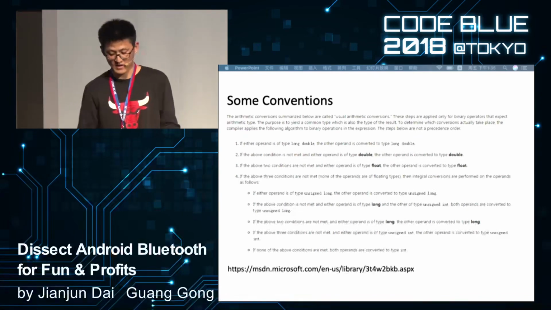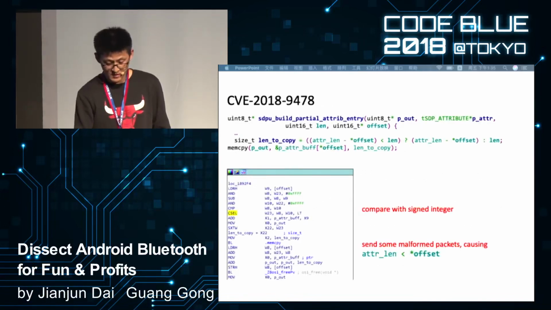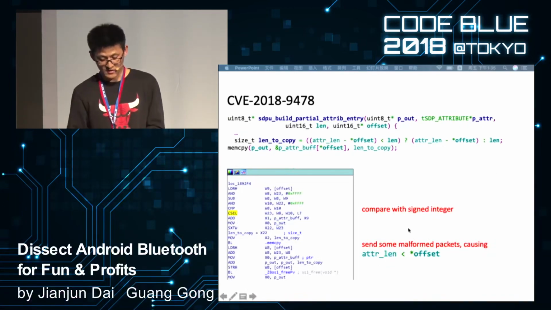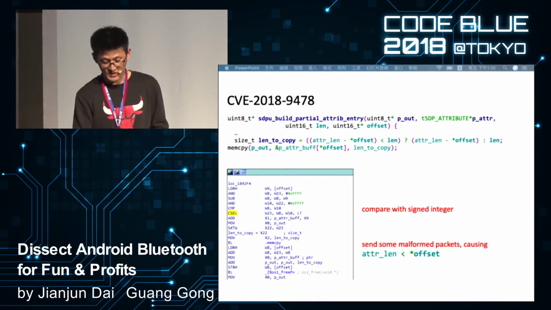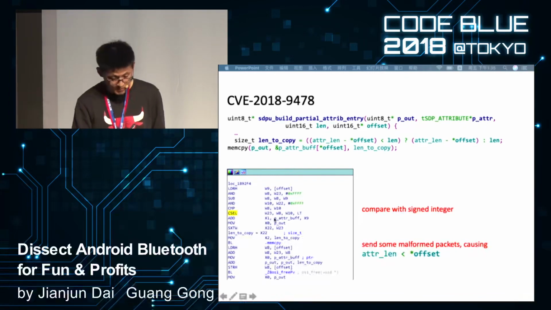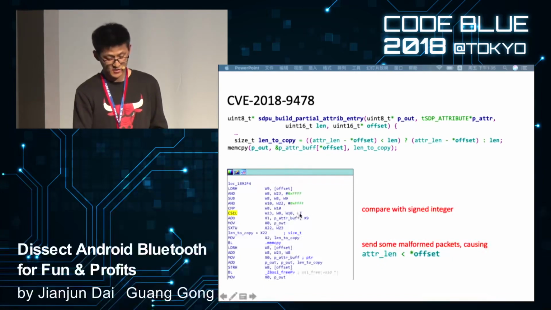Okay, let's go back to the code. ATTR len and offset are int16, so they are all converted to int when subtracted. From IDA, we can also see that it compares as signed integers using the LT instruction.